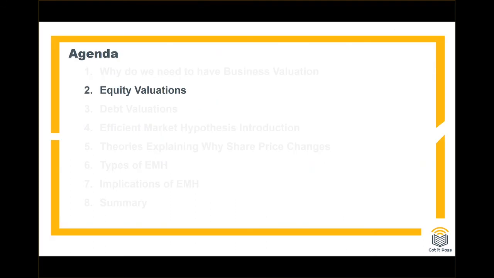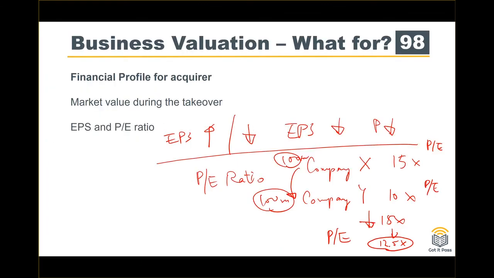So is it good news? Yes, it's good news, because the company X shareholders are happy to see a lower PE, which means their investment payback will be faster, sooner.